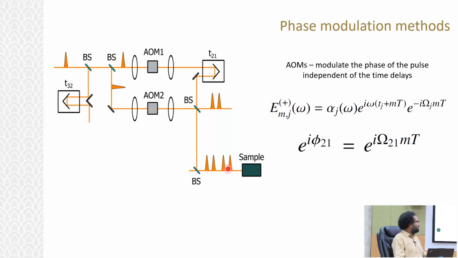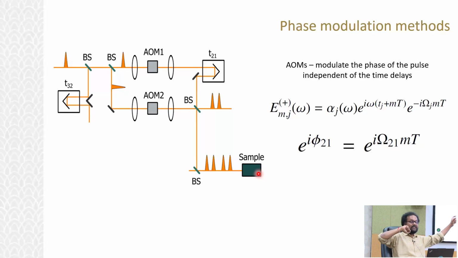Now, if I forget these two pulses, let's say we have only two pulses here, not four. So you go and excite the sample. This generates a population. We already know the population has a component of the phase modulation or the phase difference between the two pulses.